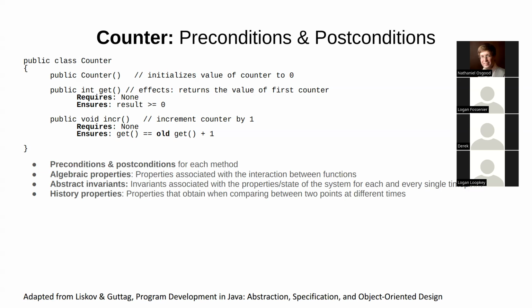So how about get? If you think about things that don't change. If I call get twice in a row, do I get the same value as if I called it once? I discard that value and I call it again, I get the same value that I would have gotten by calling it once.